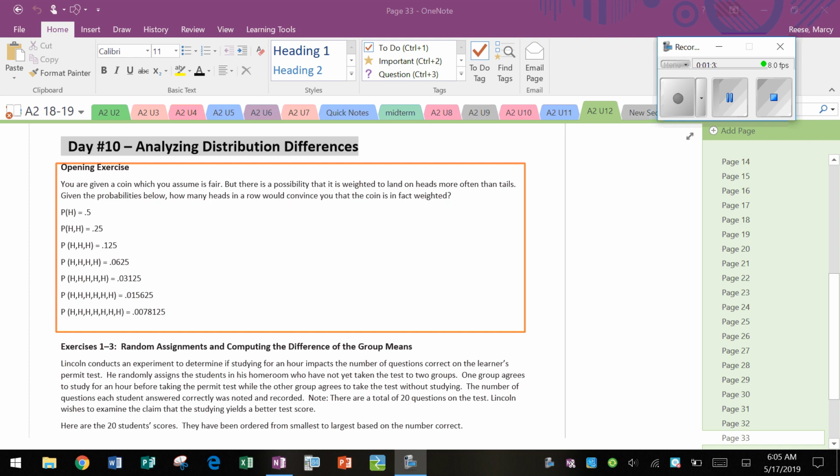Given the probabilities below, how many heads in a row would convince you that the coin is in fact weighted? So if it's weighted, there's got to be a number that we use, hint, hint, to determine whether something's got some kind of unusual territory or unusual behavior.